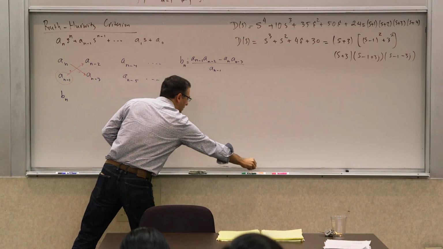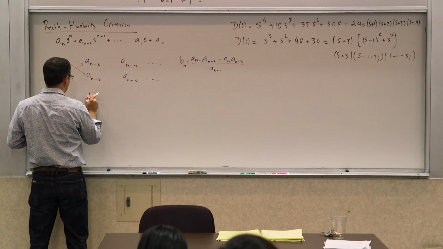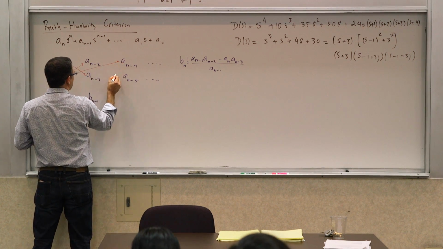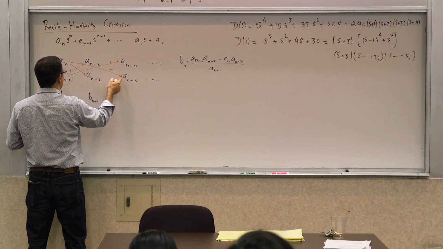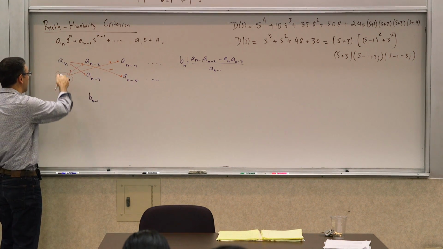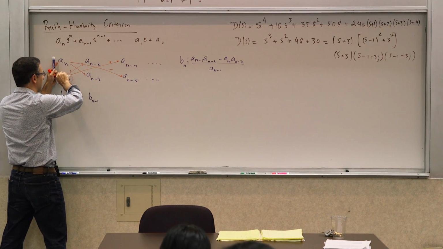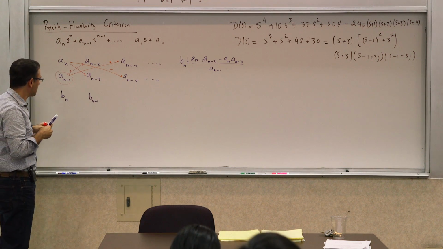And then for the next one over, to get b_(n−1), you do this times that minus this times that, divided by this coefficient. So you start with the first column, which is always part of it, and then you go down to the next column, and then you do this cross multiplication and subtraction, and you write it there.